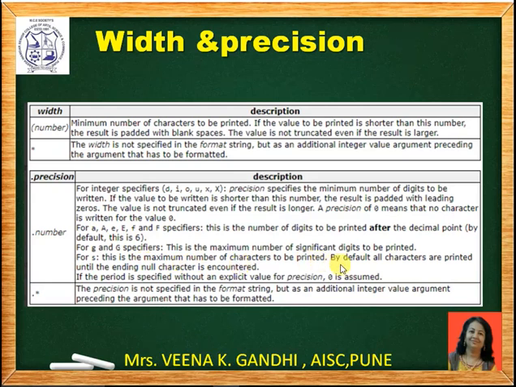By default, all characters are printed until the null character is found. If the period is specified without an explicit value for the precision, 0 is assumed. Now, dot asterisk indicates that the precision is not specified in the format string, but as an additional integer value argument preceding the argument that has to be formatted.